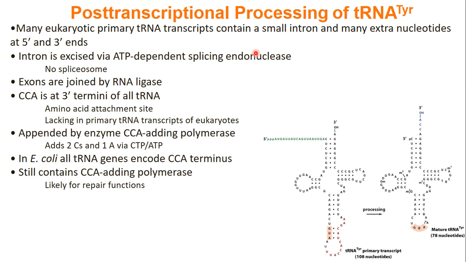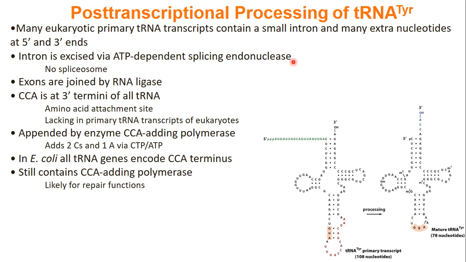Now we're going to finish off by talking about post-transcriptional processing of our tRNA here, and we're actually looking at the tRNA that encodes for tyrosine. A lot of eukaryotic primary tRNAs have introns and many extra nucleotides at the 5' and 3' end, which is the same for E. coli like we just talked about.